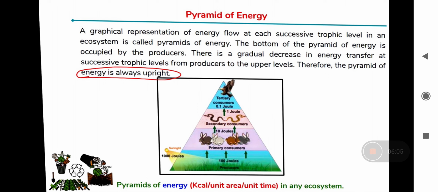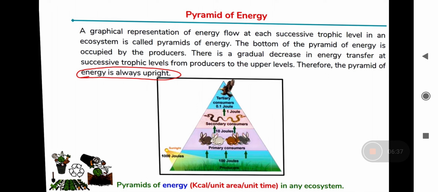We have seen this also. In the pyramid of energy, the shape of the pyramid is always the typical Egyptian pyramid, the upright pyramid. The bottom of the pyramid of energy is occupied by the producers, and there is a gradual decrease in the energy flow. Every time, the energy flow will be decreasing at each trophic level.